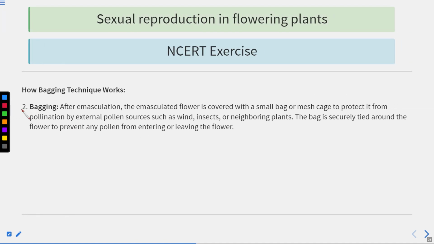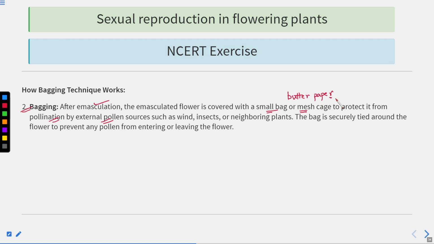The second step is bagging, with a poly bag or butter paper. After emasculation, the flower is covered with a small bag or a mesh cage to protect it from pollination by external pollen sources. You can use butter paper or a poly bag.